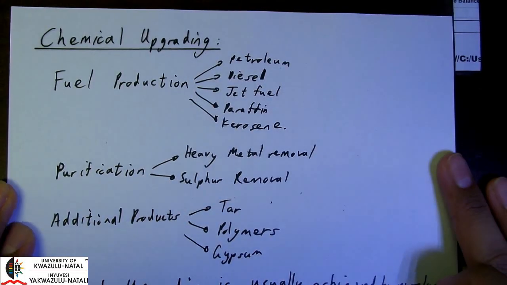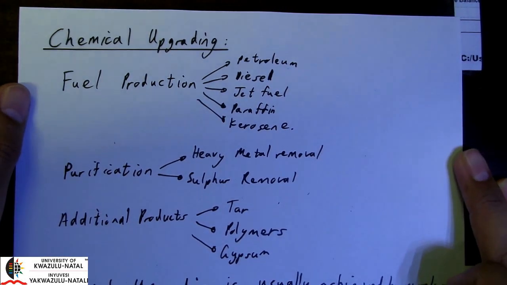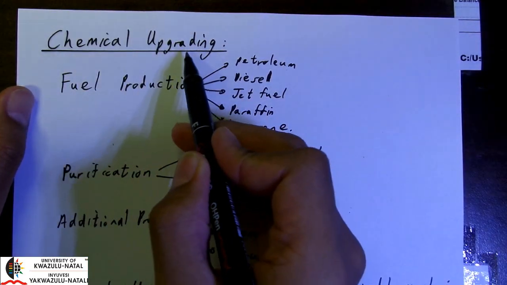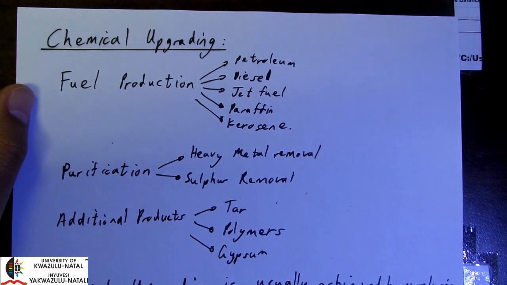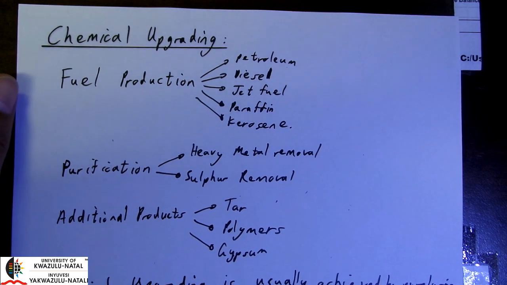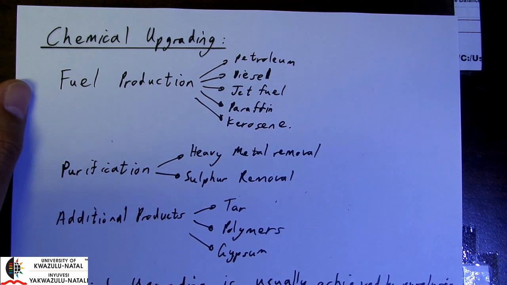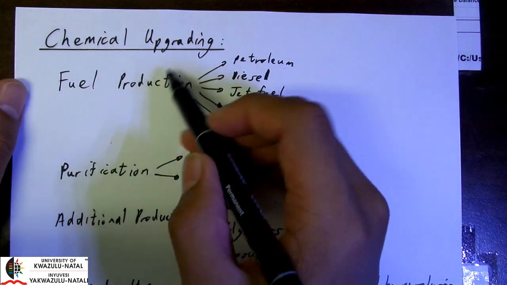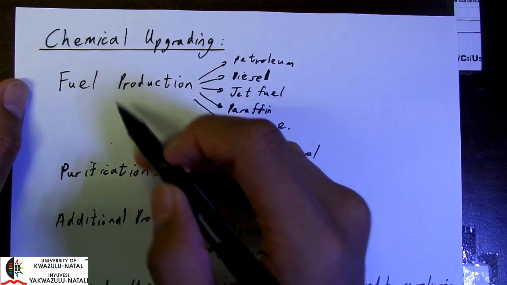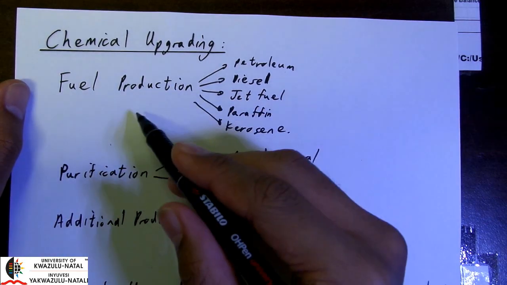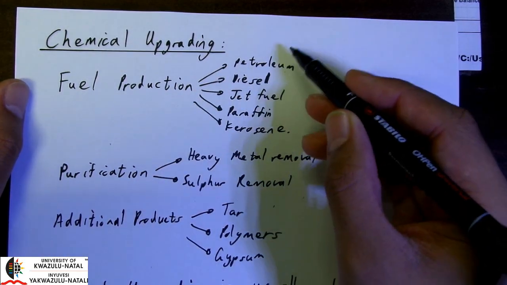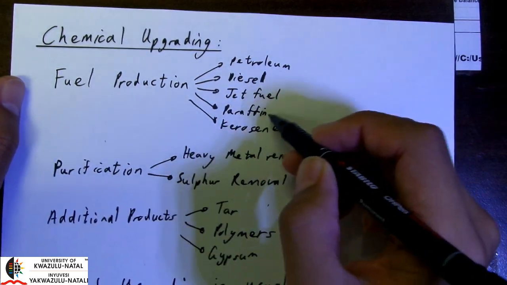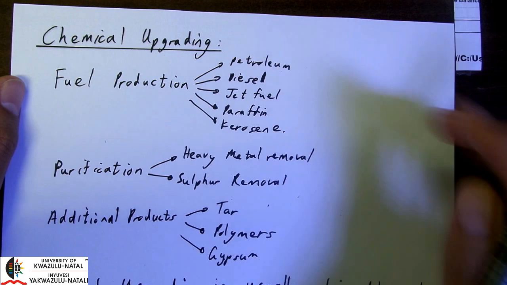Okay, now that we've discussed a fair bit about fossil fuel combustion, let's look at chemical upgrading more closely and look at an example, as well as how element balancing actually applies to chemical upgrading as well. Okay, so our fossil fuels, namely oil, coal and gas, can also be upgraded to many useful fuels such as petroleum, diesel, jet fuel, paraffin as well as kerosene.